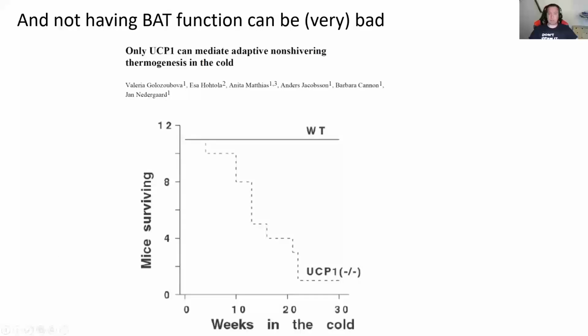So you'll essentially go into a severe muscle damage state if you do not have functional BAT, because you're so reliant on shivering.